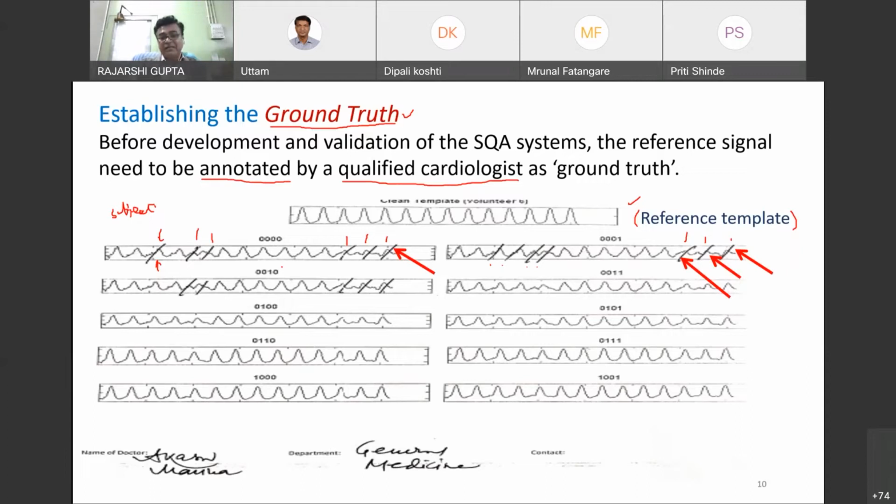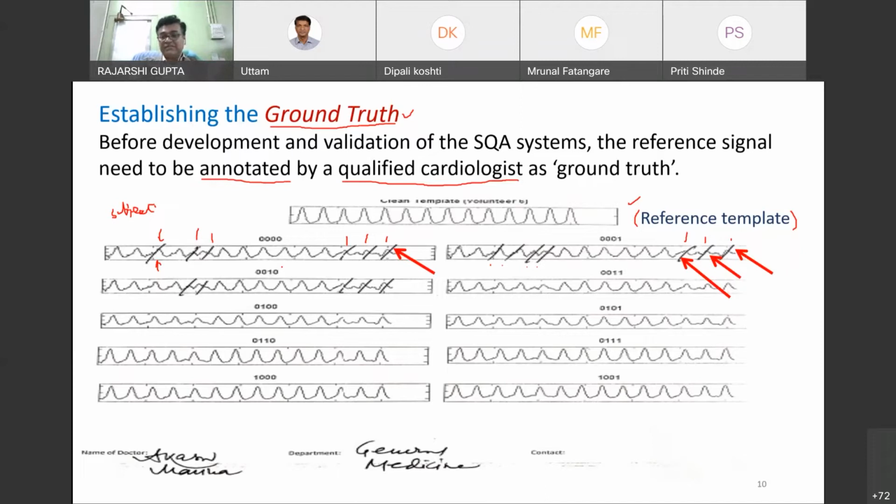And finally, the segments where you have conflict between these two physicians, you need to discard those segments. So you can only use those segments where both physicians agree. Okay, so this will provide you the ground truth, because for training of the classifier, I will be discussing later on, you need to provide this ground truth for every subject.